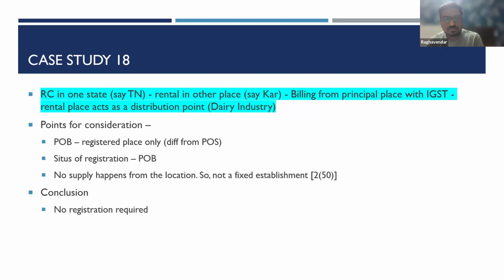Sir, there is no supply happening from that place. Can we say it is a place of business? You're carrying one tanker with 2 tons of product. You're now distributing it to 100 people from that location.